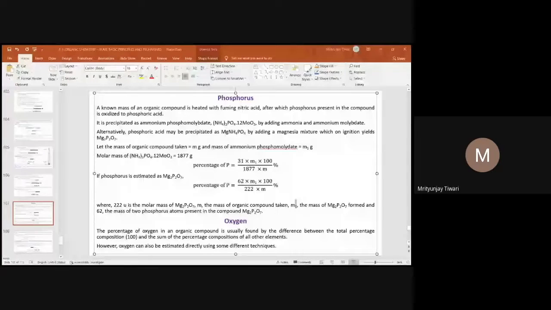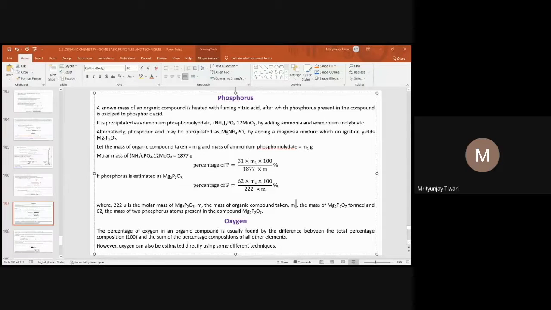The percentage of oxygen in an organic compound is usually found by difference, because the total percentage composition will be 100, the sum of the percentage compositions of all the elements.